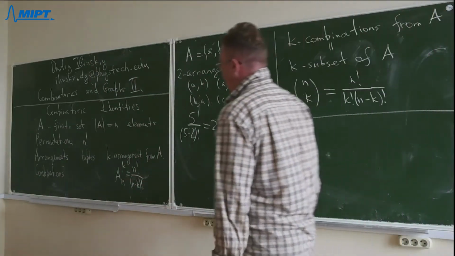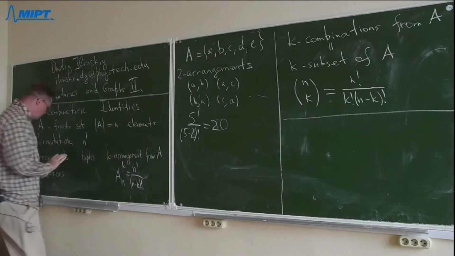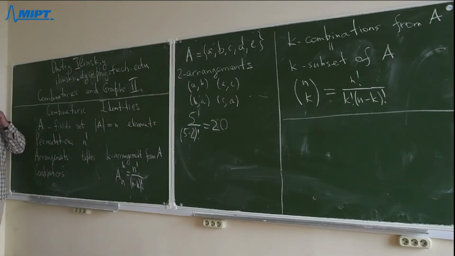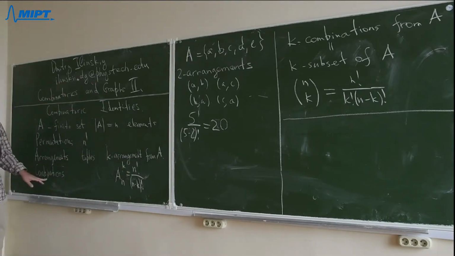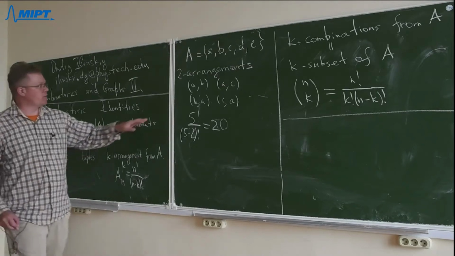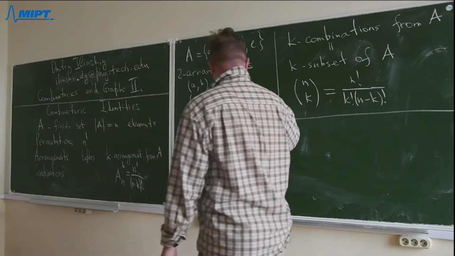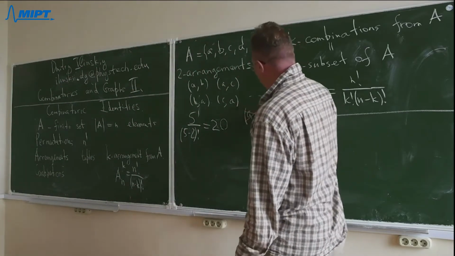I think I need to be clear. When we talk here about arrangements and combinations, we consider only arrangements and combinations where all elements are distinct. For example, I cannot take AA as an arrangement.